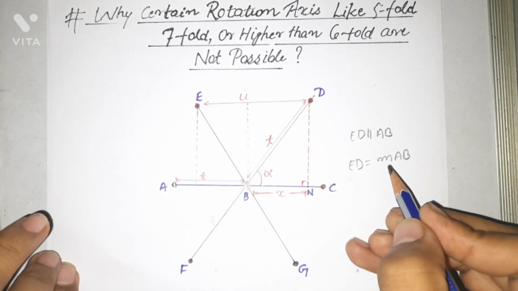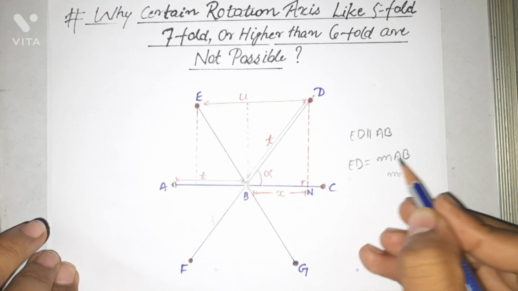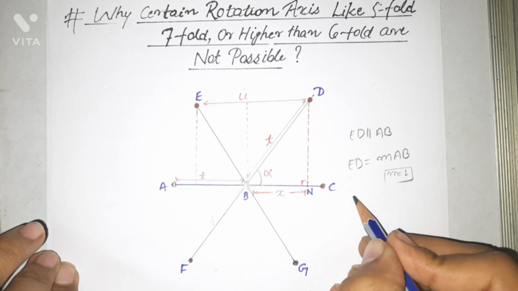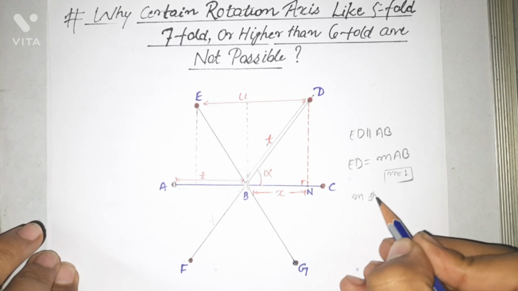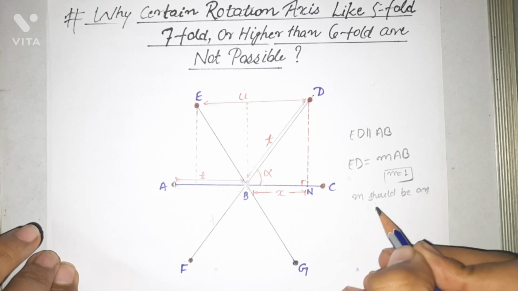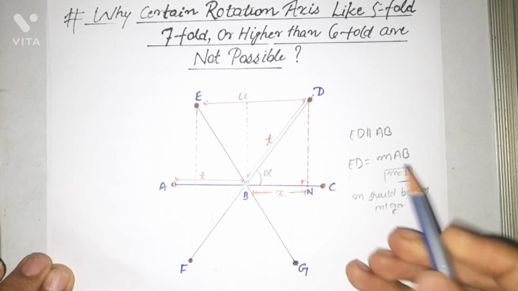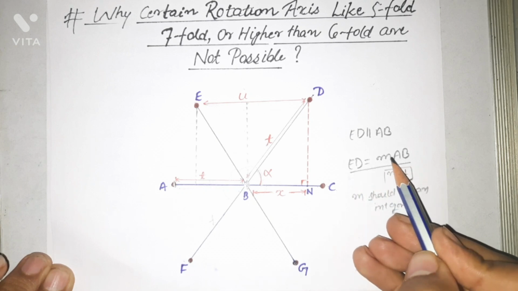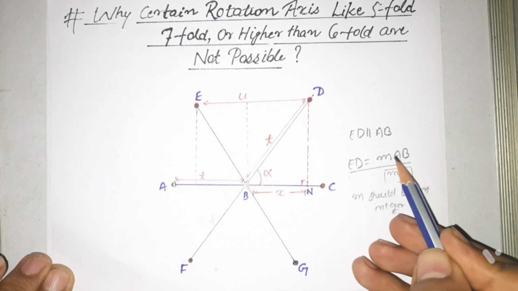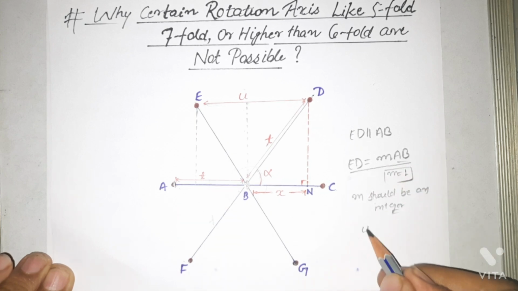If it is equal to AB, then M equals 1, and if it is a multiple of AB, then M should be an integer, any integer, and AB is T, so U equals MT.